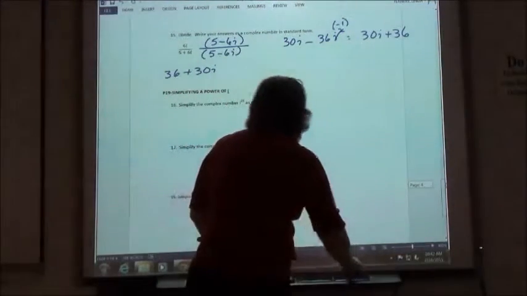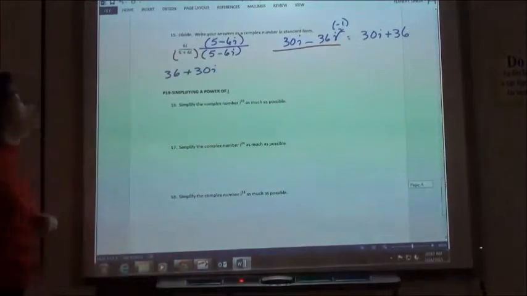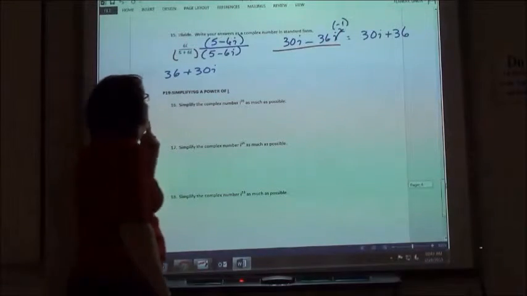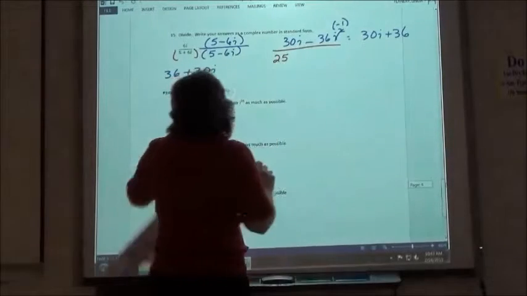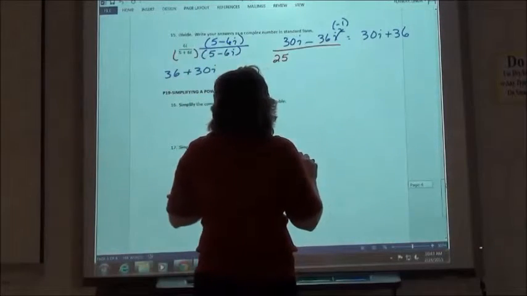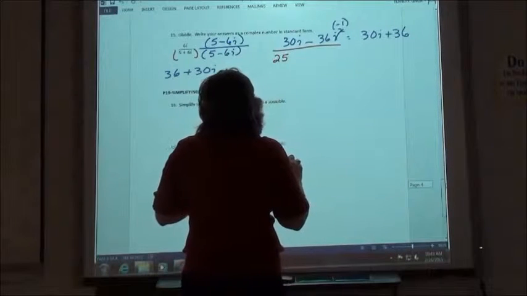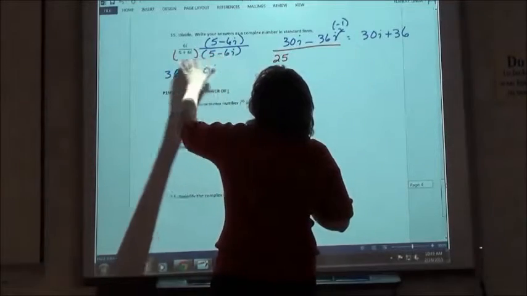Now we have to FOIL out the bottom, because on the bottom we have two terms on both of them. So FOILing that out, we would get 25, and then negative 36i squared. Did I skip a few things in between?